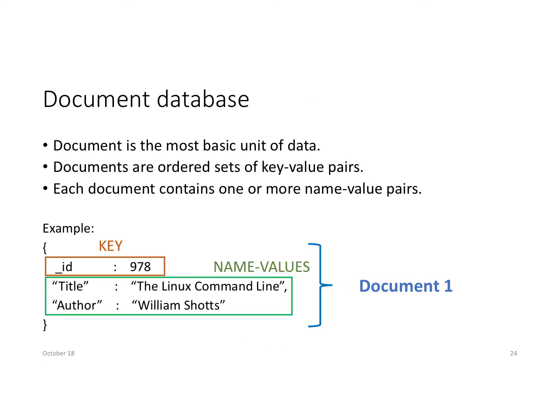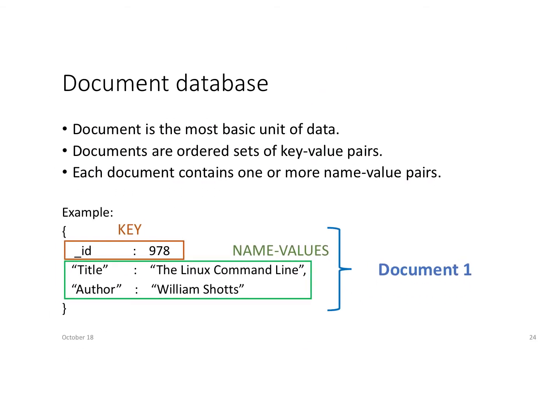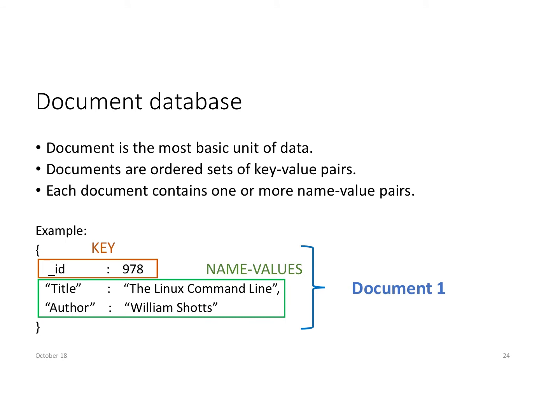In the document database, the key represents the key for the document. So for example here, we have key 978 and there is the type, and the rest of the document is the values for the key.